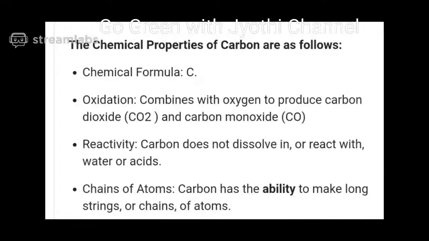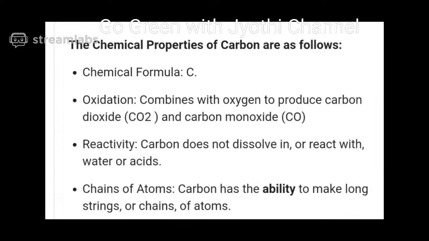These are some of the chemical properties of carbon. The formula is C. The electronic configuration is 1s2, 2s2, 2p2. It combines with oxygen to form carbon dioxide and carbon monoxide.